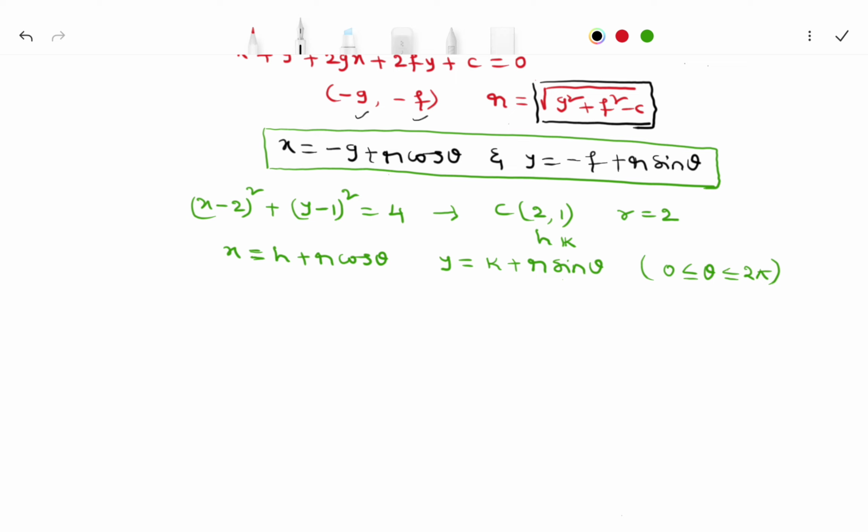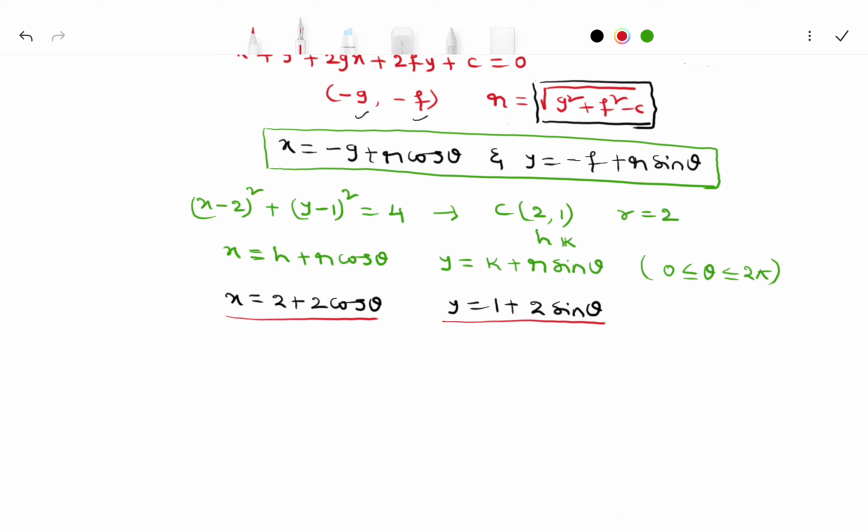So x equals 2 plus 2 cos theta, y equals 1 plus 2 sin theta. These are the parametric equations.